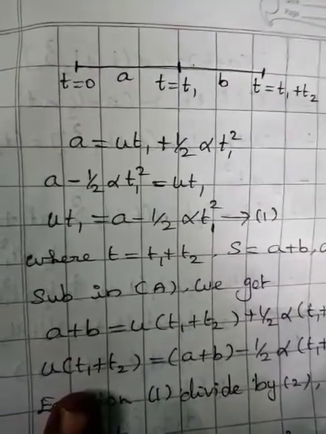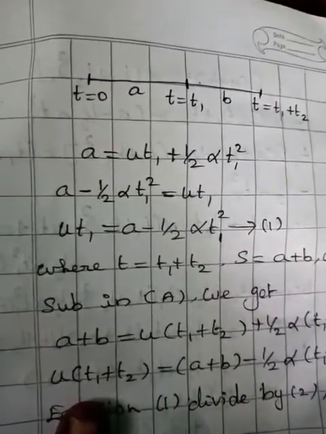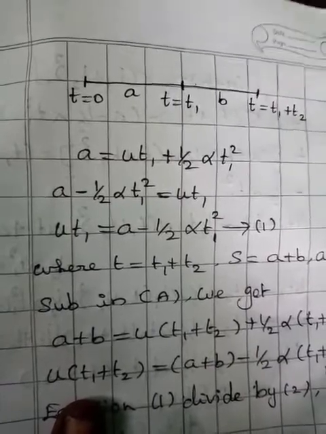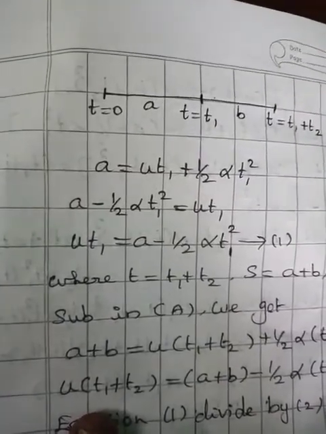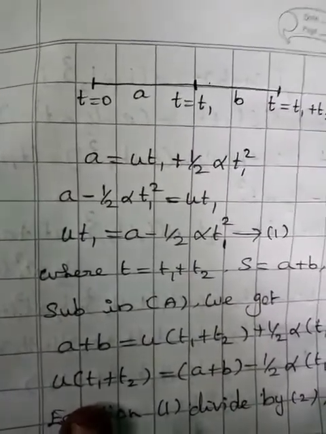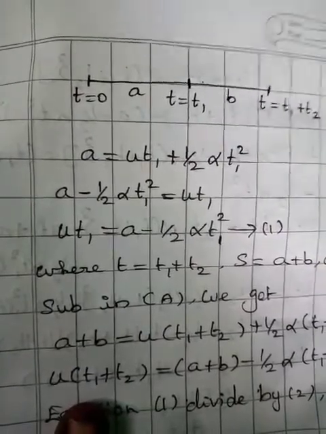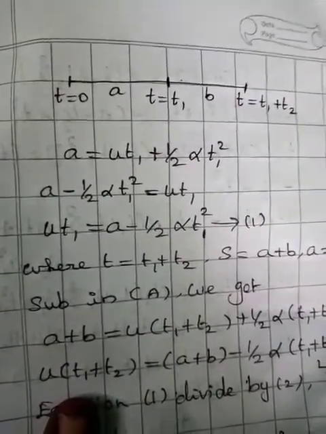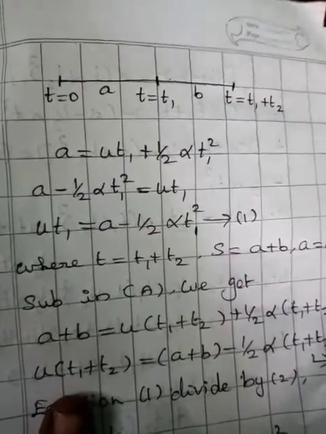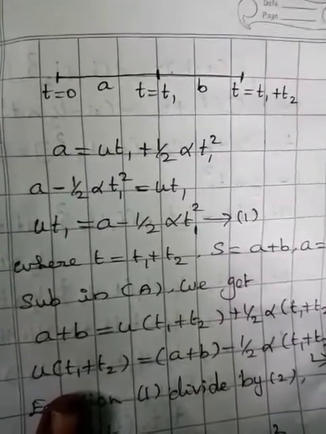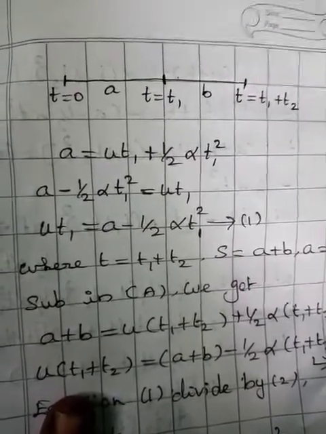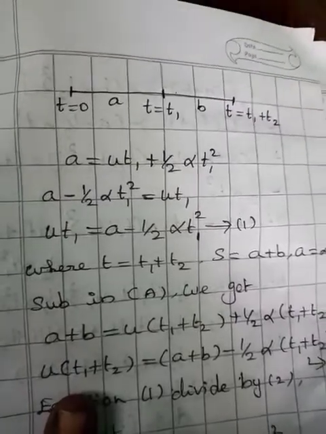And then the equation is a minus 1 by 2 alpha into t1 square is equal to u into t1. First one is a equal to u t1 plus half alpha into t1 square. This is the equation.